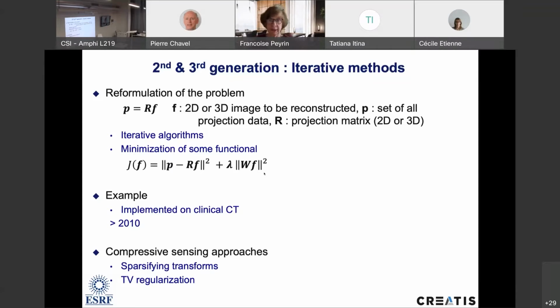These techniques have been well known for more than 30 or 40 years, but they were not used in clinical practice because they were simply too long. They took 20 times more time than the previous analytical method, so they were not used. But with the improvement of computing power, they have been implemented on clinical CT, and now they are available.